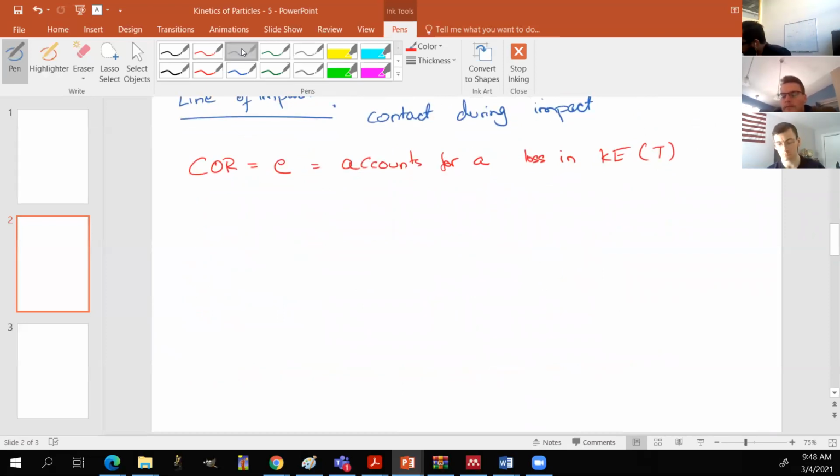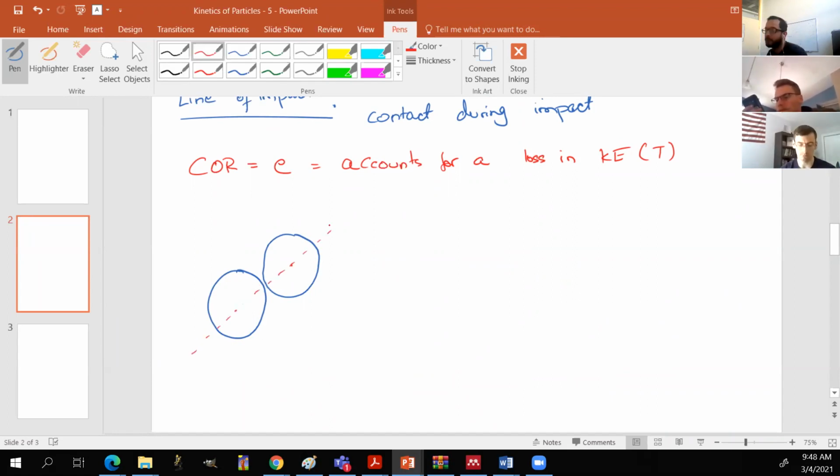So suppose you have two balls that come into contact with each other, right? We draw the line that joins the centers like that, right? And then you can draw a tangent line to that, right? So this is the normal line, this is your tangent line.